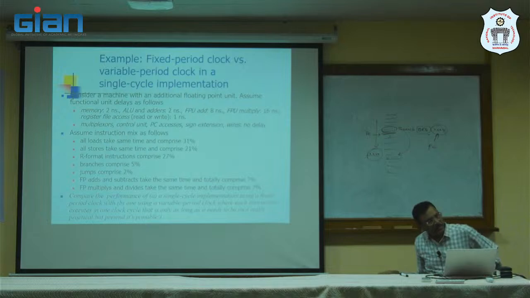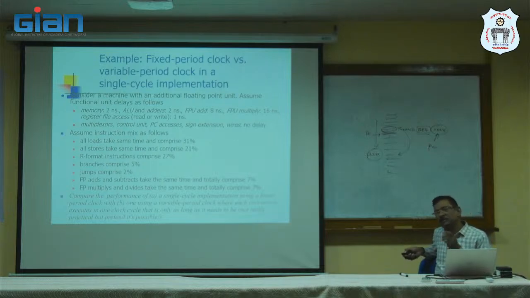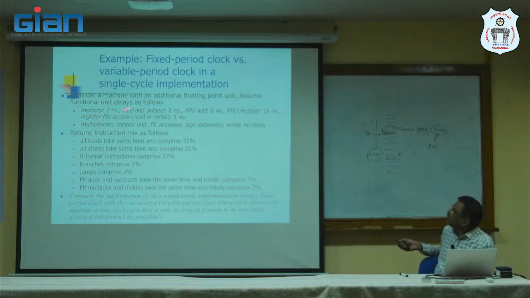But variable clock designing is difficult. In the same processor, if some instructions operate with one clock frequency and other instructions with a different clock period, it is complex logic. So consider a machine with an additional floating point unit, assume the functional unit delays as follows. Some calculations are there.